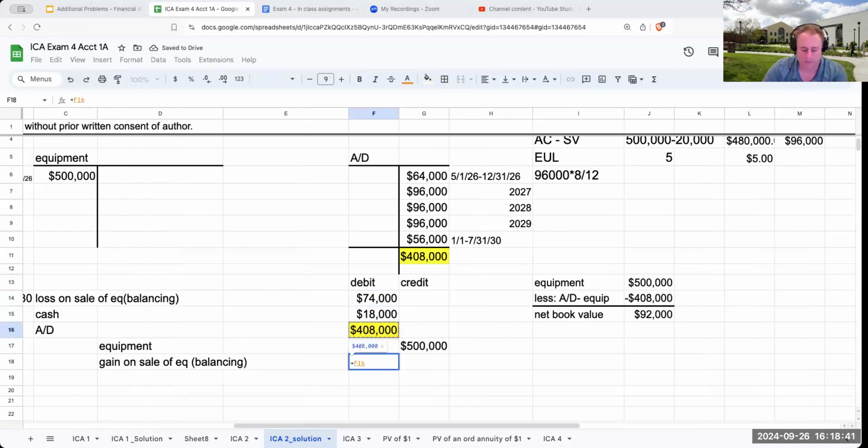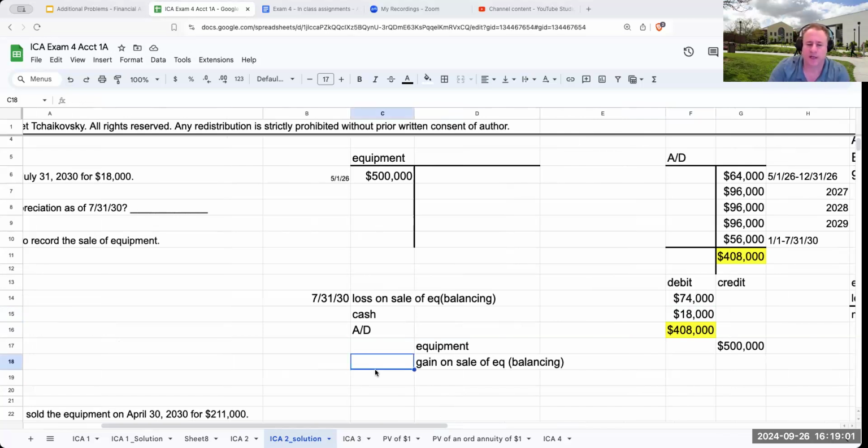When I add this up, 74 plus 18 plus 408, my total debits equal my total credits. But if you think about it, it was worth to me 92. I'm selling it for 18, so I lost money. I bought something for 100, I sold it for 20, I've lost money. And this is going to be to record the sale of equipment.